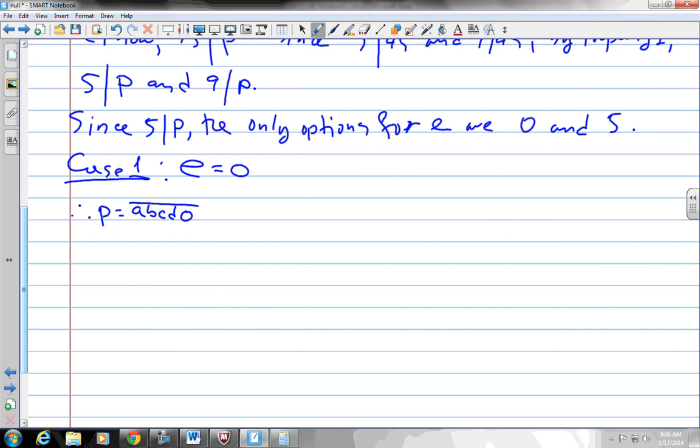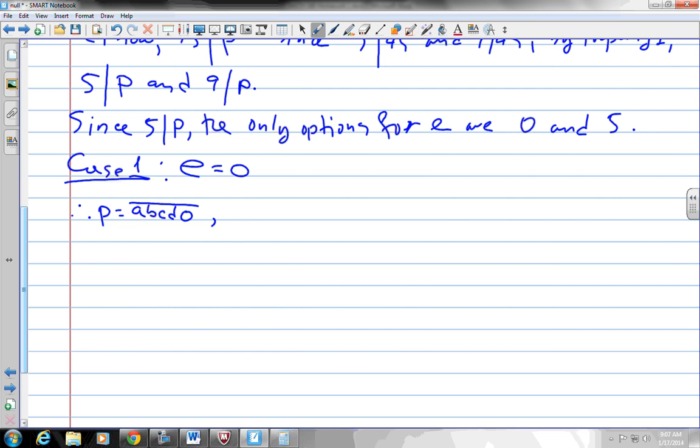Now, it is divisible by what else? 9. Now, how do we know whether the number is divisible by 9? Divisible by 3. If you add up all the digits, it has to be divisible by 9. So a plus b plus c plus d plus, well, 0 has to be divisible by 9, right?